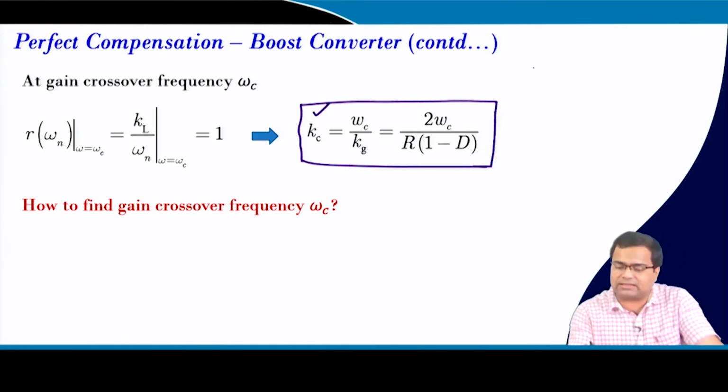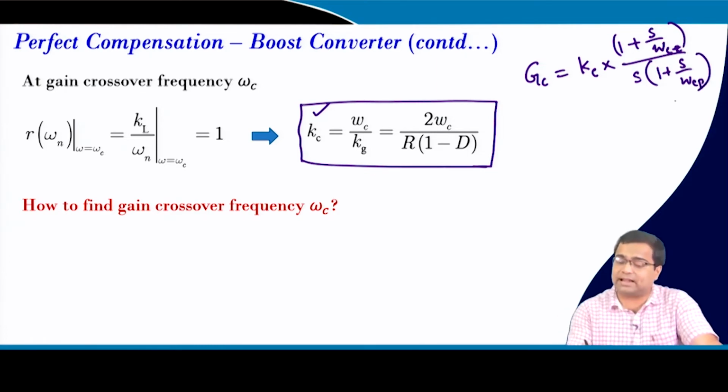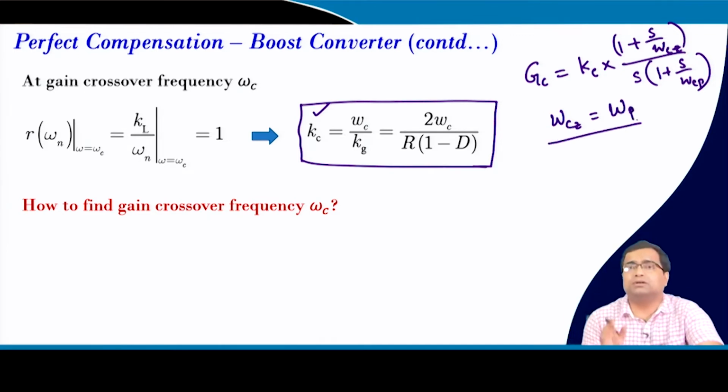If we recall, our controller has a DC gain multiplied by a controller zero, and the controller had one pole at the origin and one pole, and we have set that omega cz to cancel the pole of the open loop system, that means the control to output transfer function.